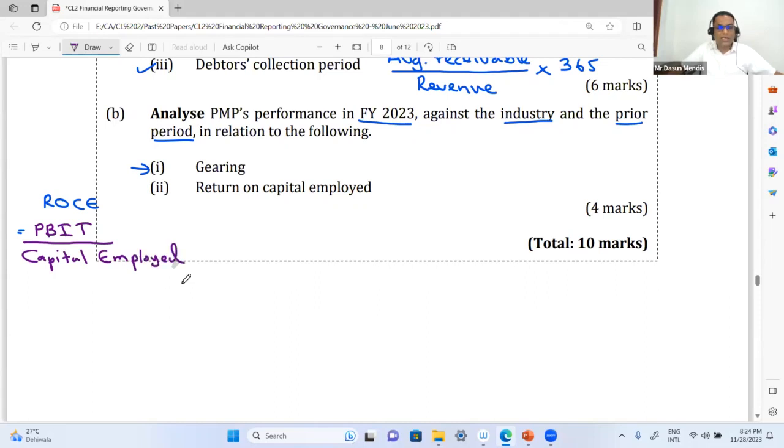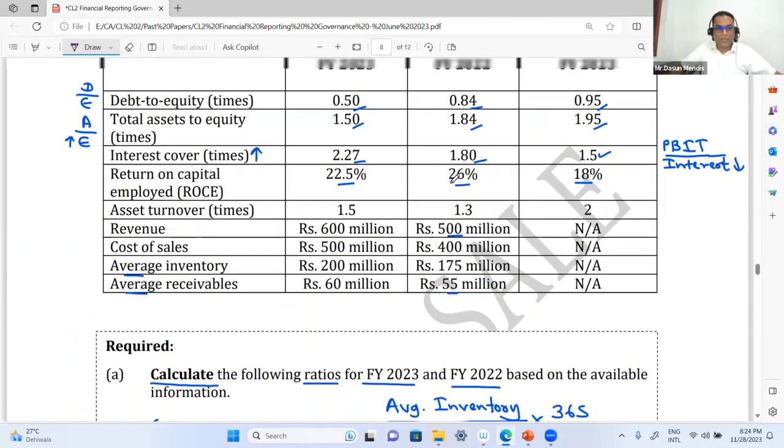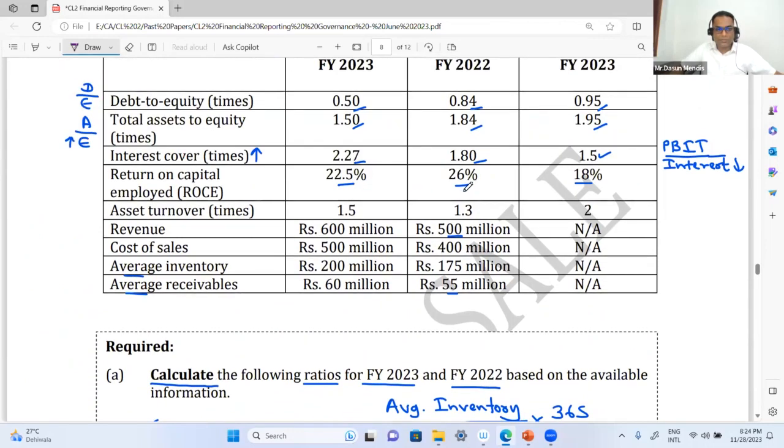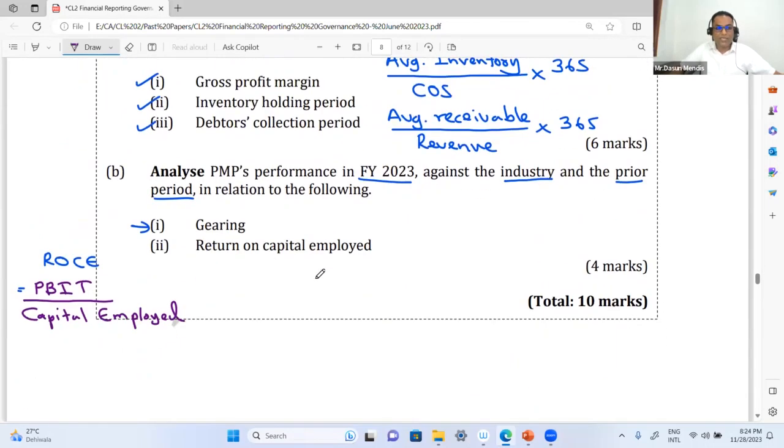That is ROC, and that is the figure given in the question as ROC. Profit before interest and tax divided by the capital employed.